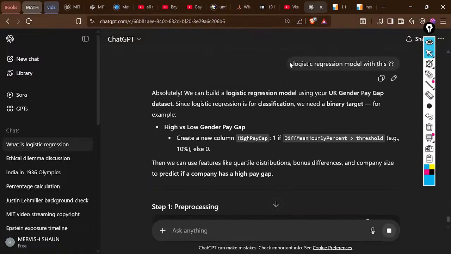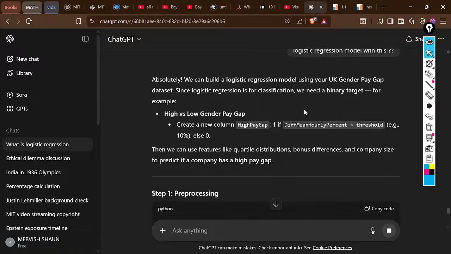Absolutely, you can build a logistic regression using the UK gender pay gap dataset. Since logistic regression is classification, we need a binary target.